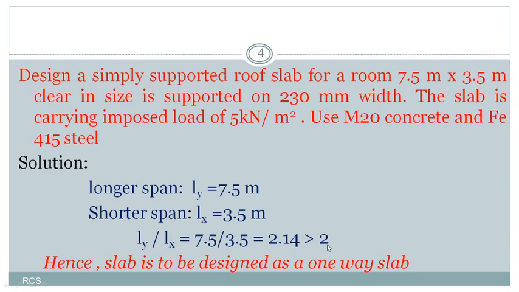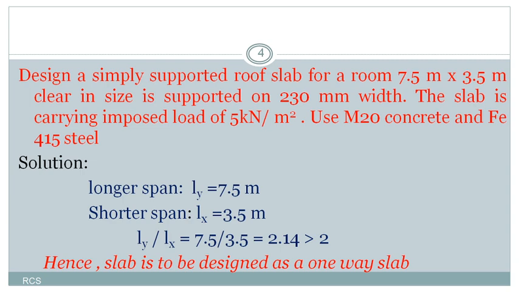We know that a slab is said to be a one-way slab when the ratio of Ly by Lx is greater than 2. So from this problem we obtain Ly by Lx greater than 2, hence this slab is to be designed as a one-way slab. So we have decided that we have to design the simply supported slab as a one-way slab, right?